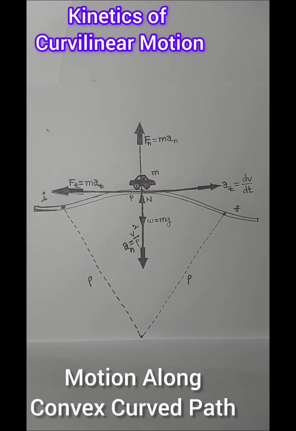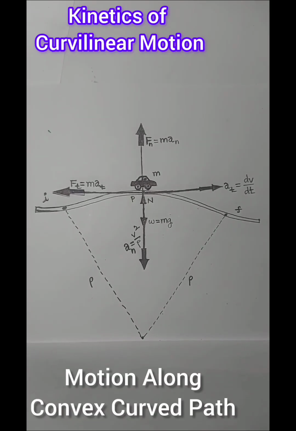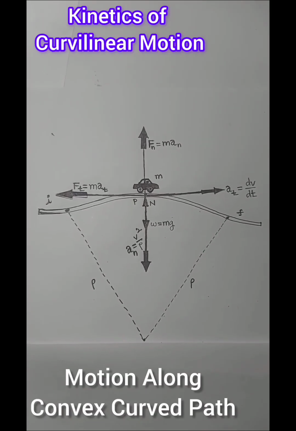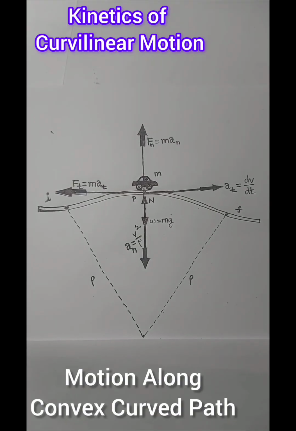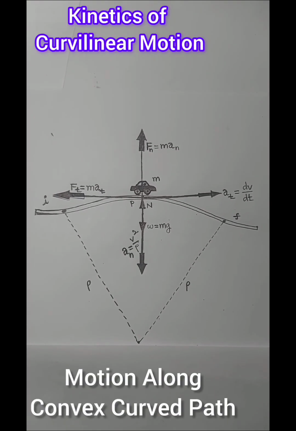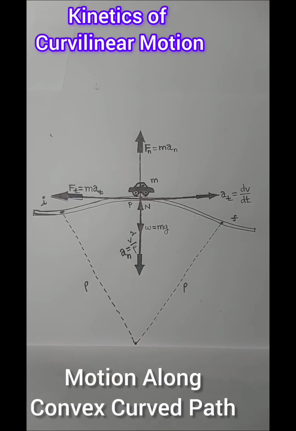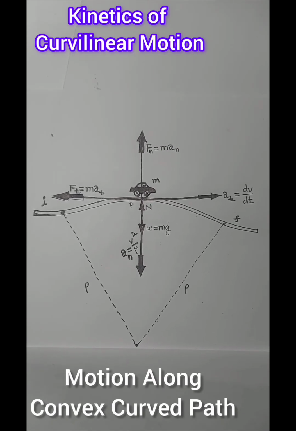For this condition of the moving particle at point P, we can apply two equilibrium equations. One is along the normal direction, another is along the tangential direction. So we can write the summation of all the forces along the normal direction equals the inertia force along the same normal direction.